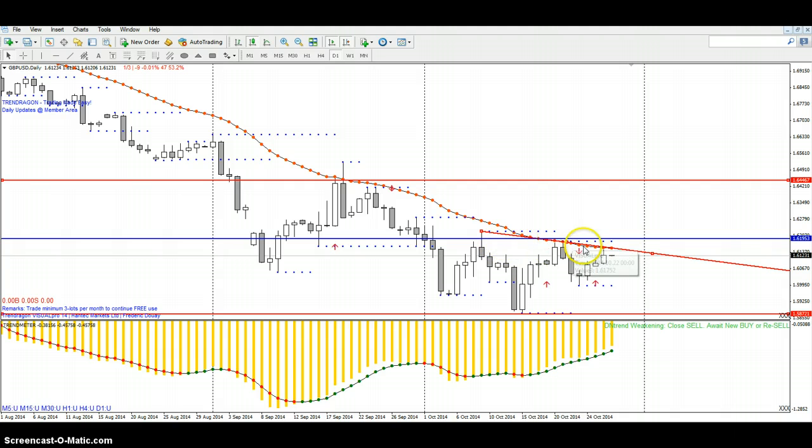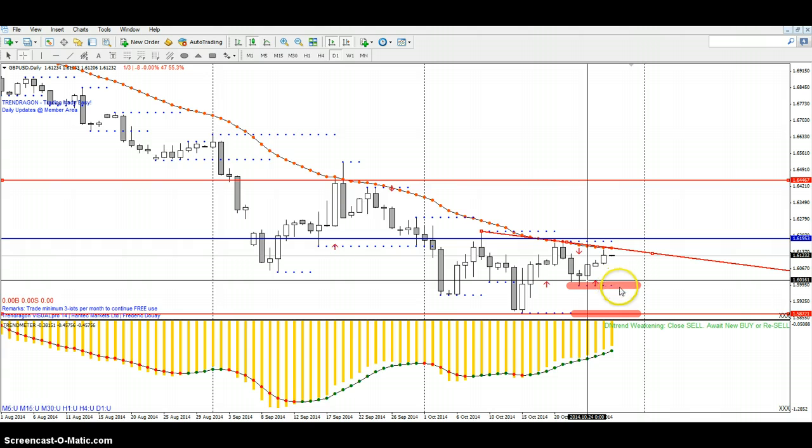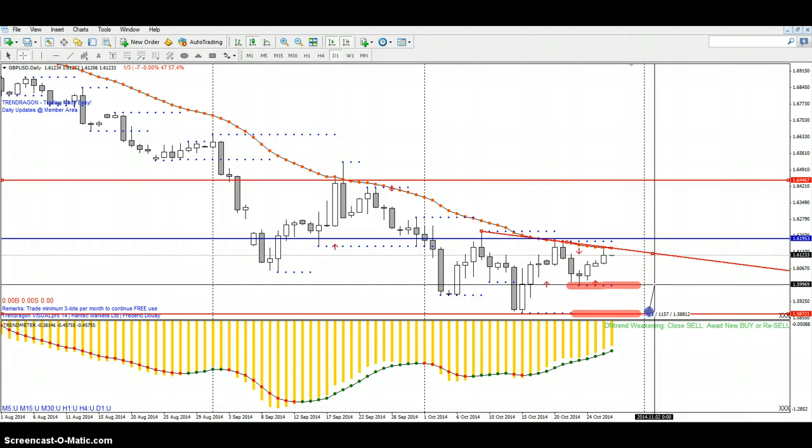Also, we can see that this level has been a strong resistance level for the past couple of weeks. Therefore, if the currency breaks this level here, there is a good chance that it will go to the previous low and potentially break it, and this is about 122 pip.